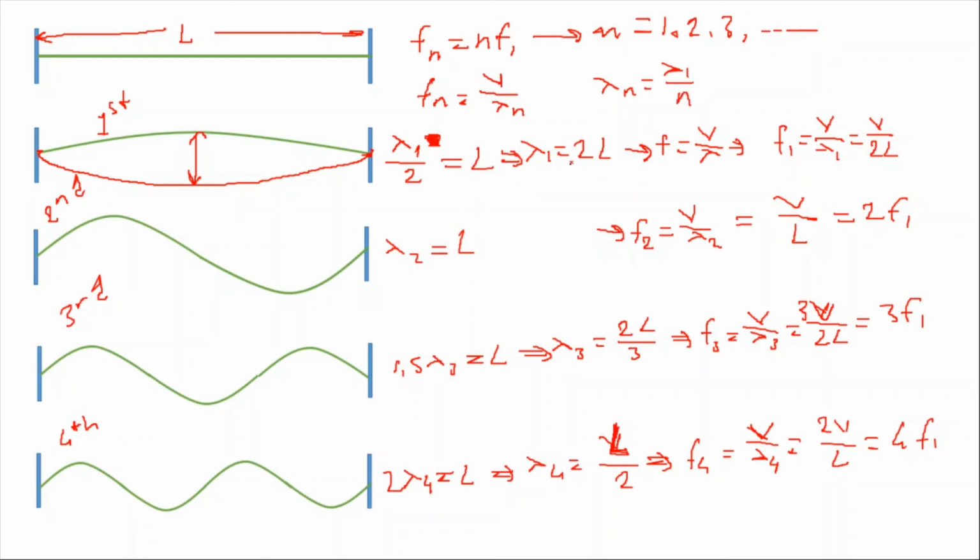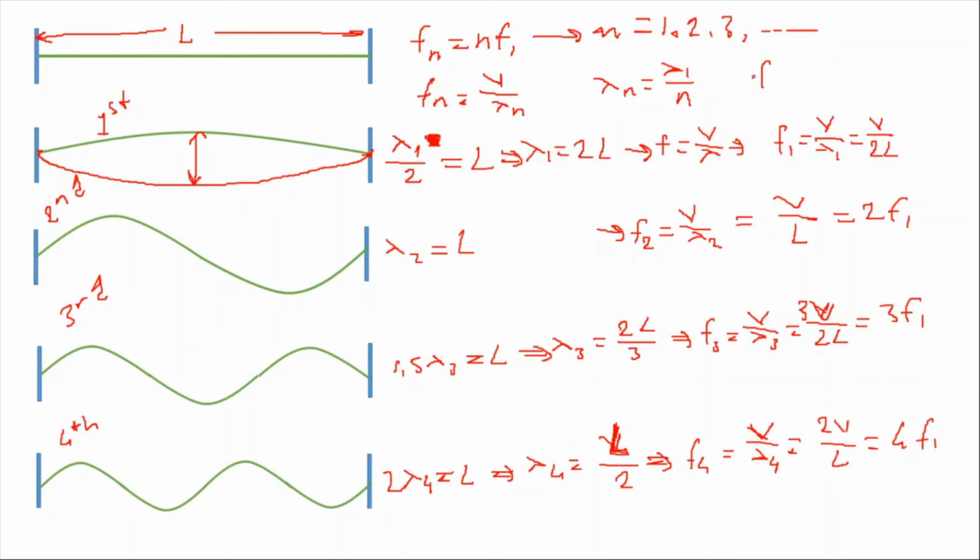See, lambda 1 is 2L, lambda 2 is L. Lambda 2 is lambda 1 over 2. Lambda 1 is 2L, divide by 2, we are going to get L. Similarly, lambda 1 is 2L. If I divide it by 3, I will get lambda 3, 2L over 3. Similarly, I can get lambda 4. So this formula is also valid.